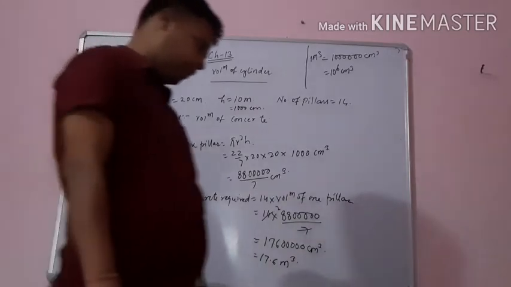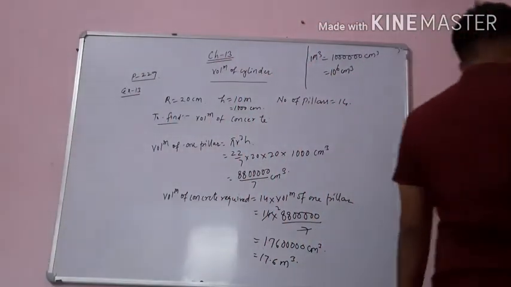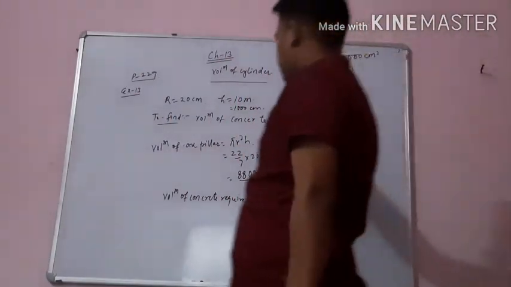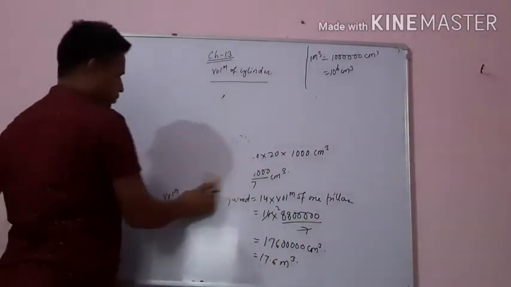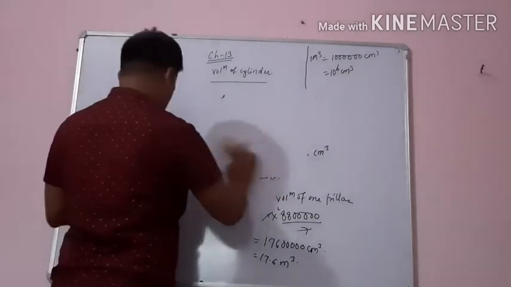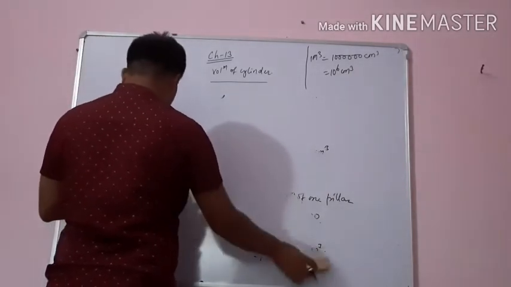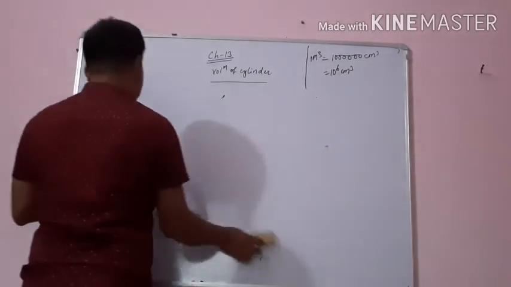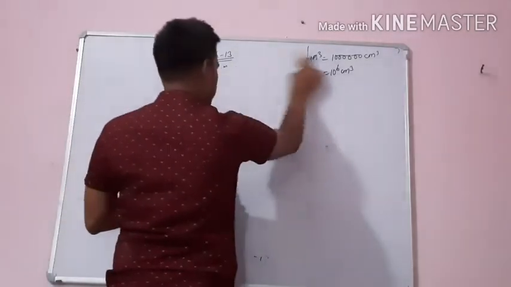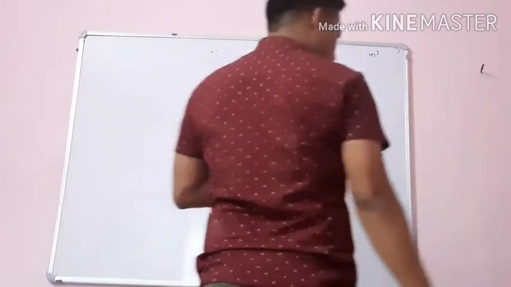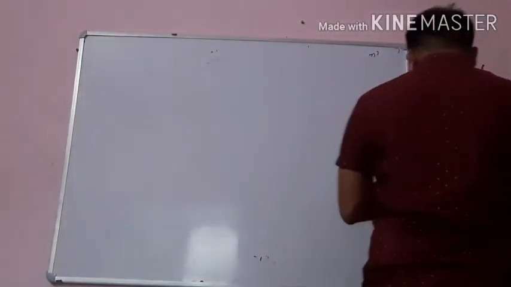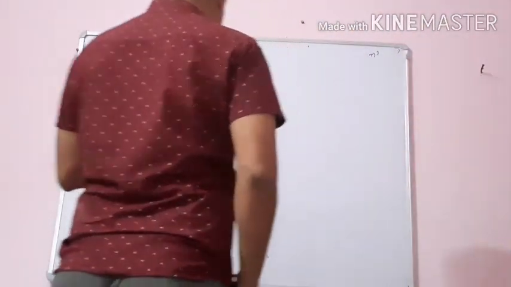Now moving to next example. See example number 14 of the book. Example number 14 is given at a Ramzan Mela.